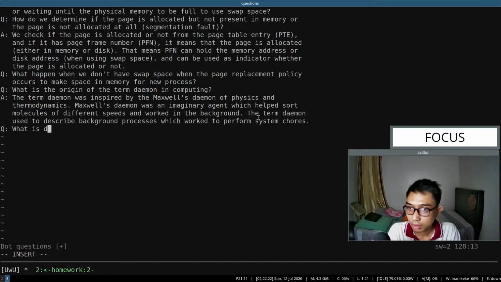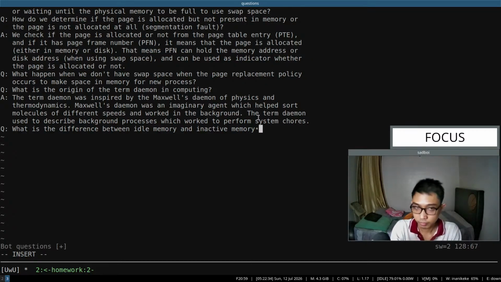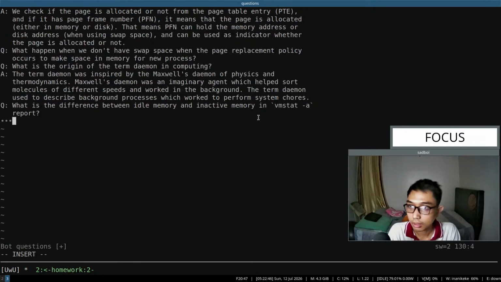What is the difference between idle memory and inactive memory in vmstat? There's a report, maybe something like that.